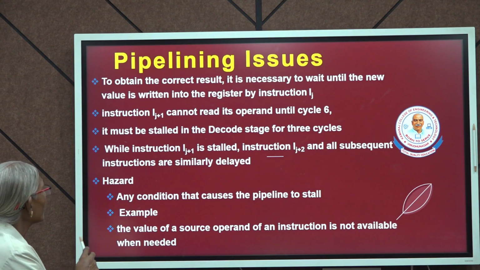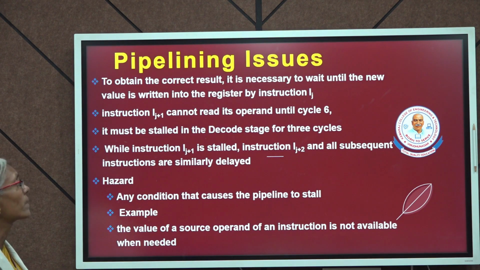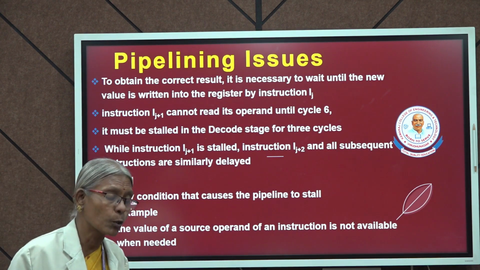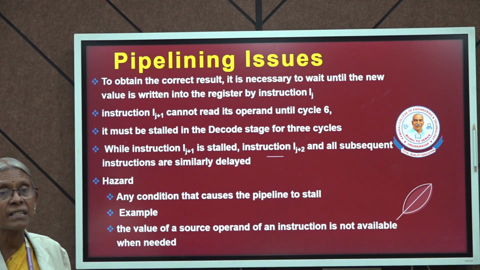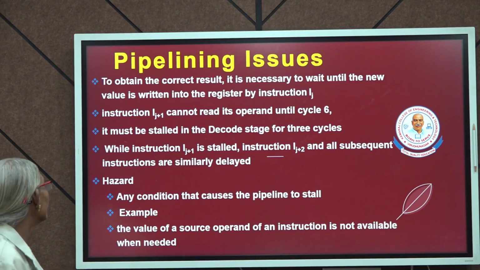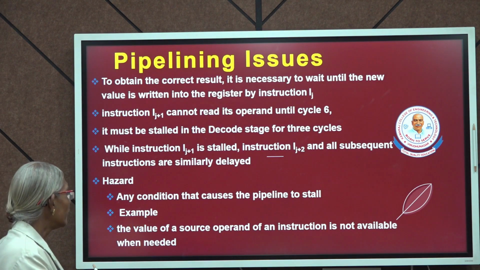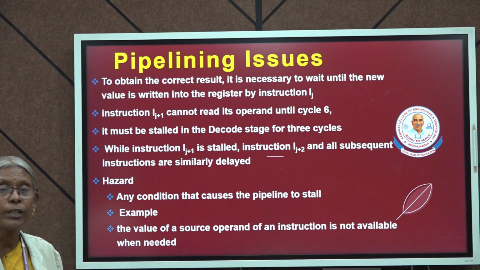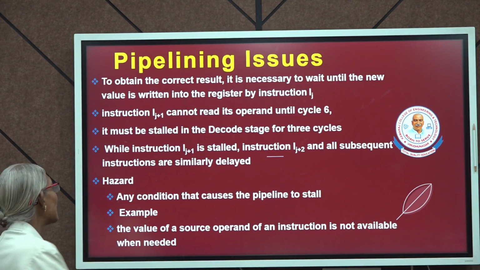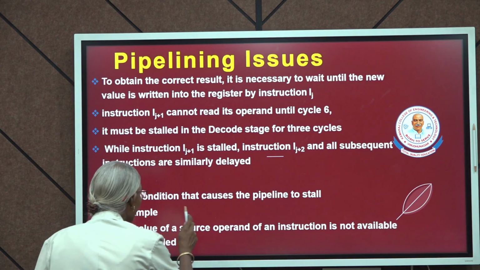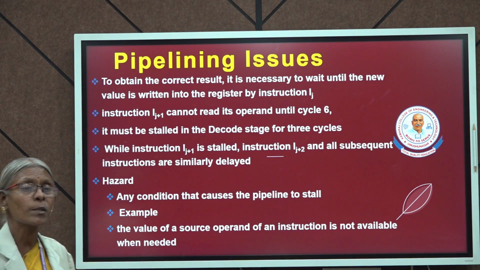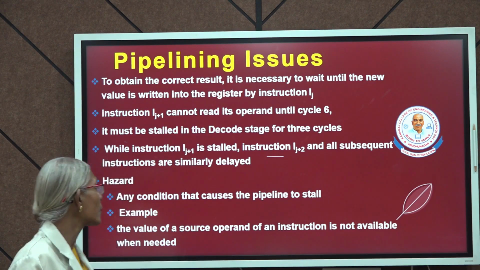When instruction Ij+1 is stalled, the next instruction also cannot proceed to further stages of the pipeline. This condition we are going to call a hazard. It is any condition that causes the pipeline to stall.